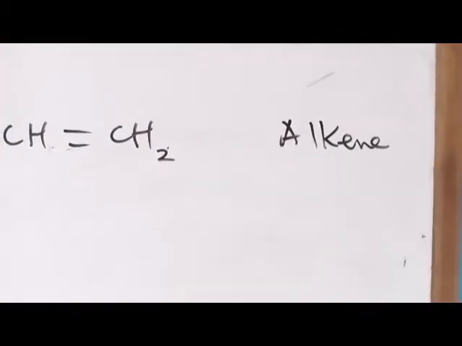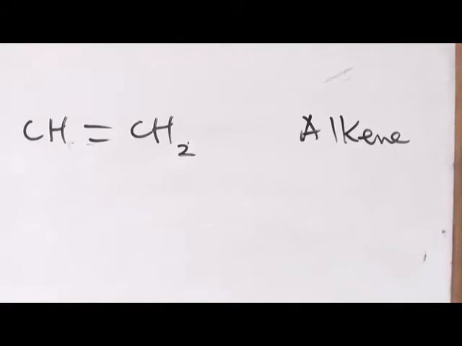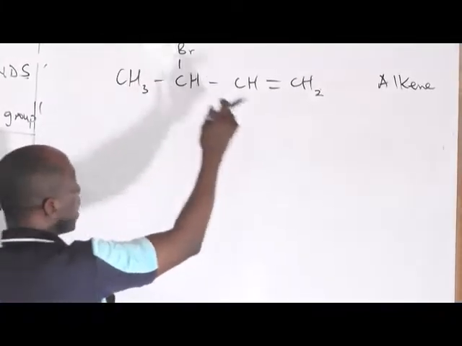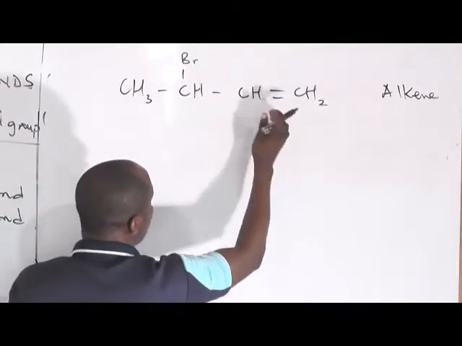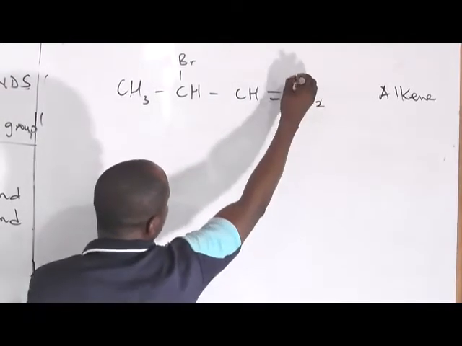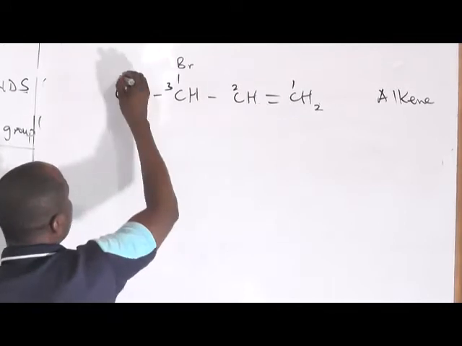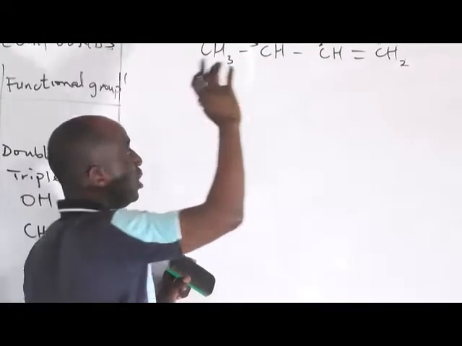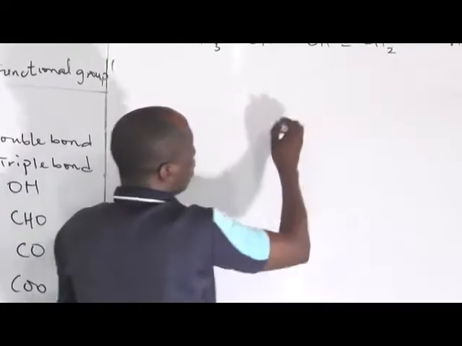Then if you have to start your numbering now, rule number 2 says number the identified longest chain. Don't forget number 3. You have to start from the side that favors the functional group. So I'm mapping myself to the functional group, so I'll start from there. 1, 2, 3, 4. 4 carbons, that's butene. But what type of butene? The functional group is at carbon number 1.